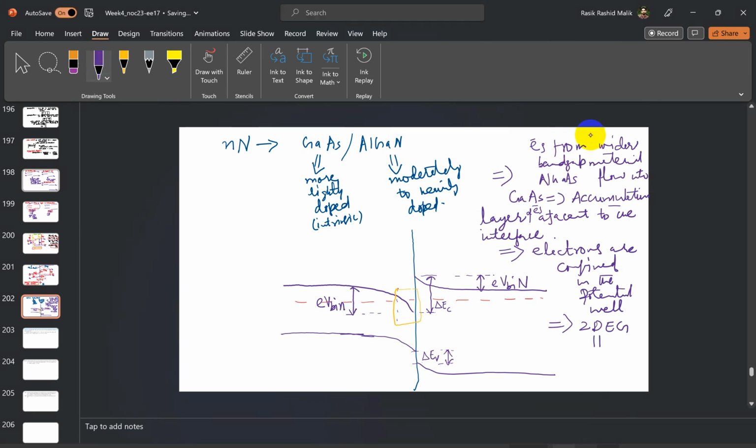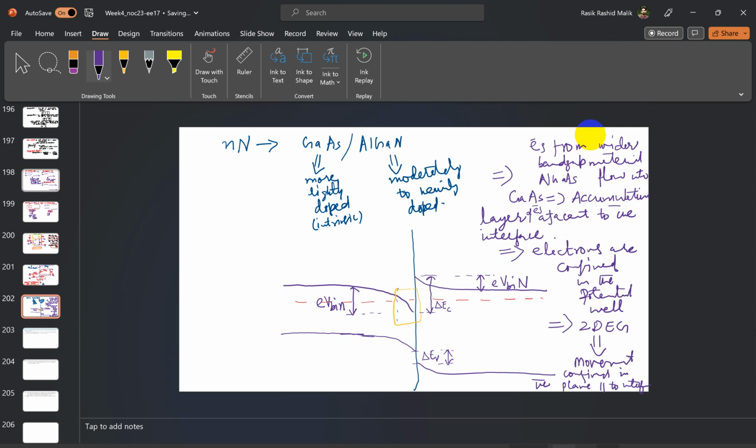For this two-dimensional electron gas, its movement is confined in the plane perpendicular to the interface, or parallel to the interface.